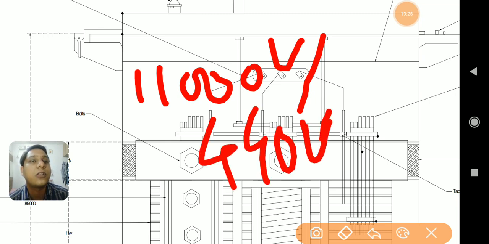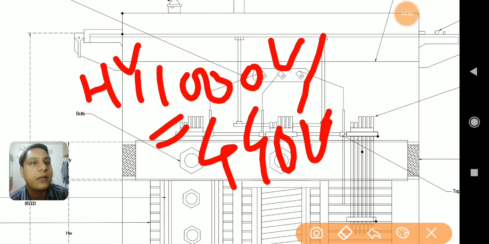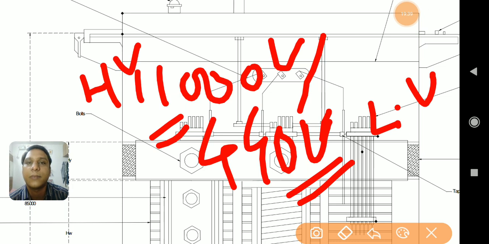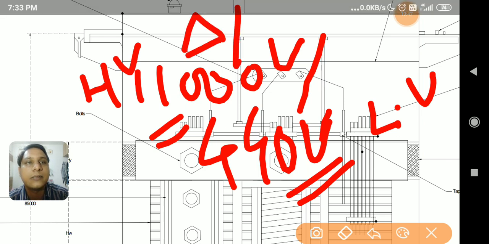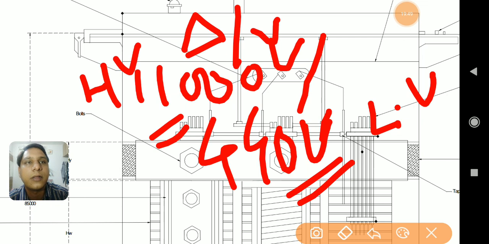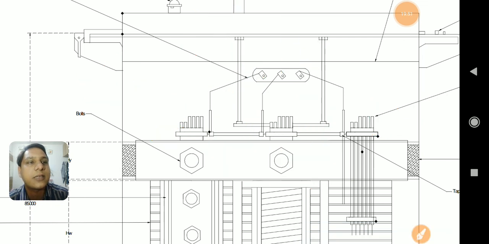So if it is an 11,000 volt by 440 volt transformer, I could say this is the HV side. Primary winding is the HV side. Secondary winding, the 440 volt winding, is the secondary side, which is the LV side, right? If this is the winding specification, this transformer, as I said, is in that case a delta star transformer.